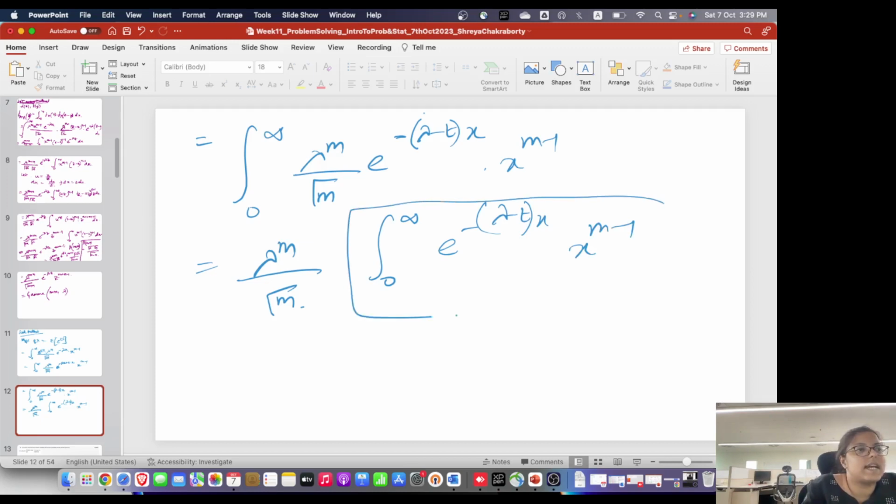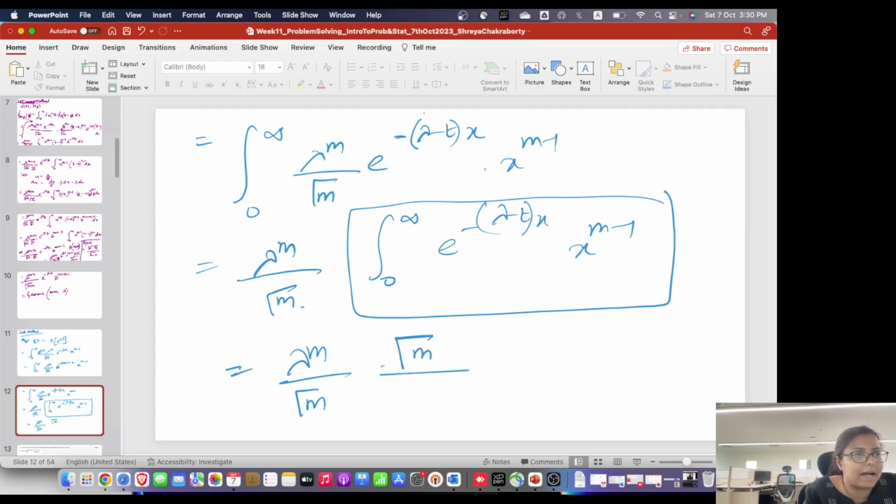Now this entire thing is equal to gamma m by lambda minus t to the power m.